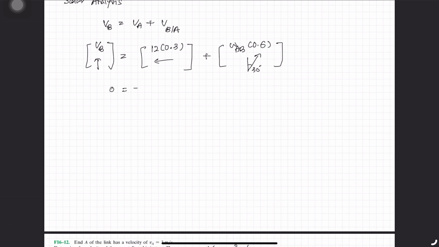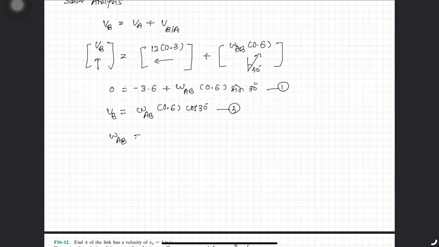So we will divide the components. For i cap, it is omega AB 0.6 sine 30 degree, equation 1, and VB equals omega AB 0.6 cos 30 degree, equation 2.